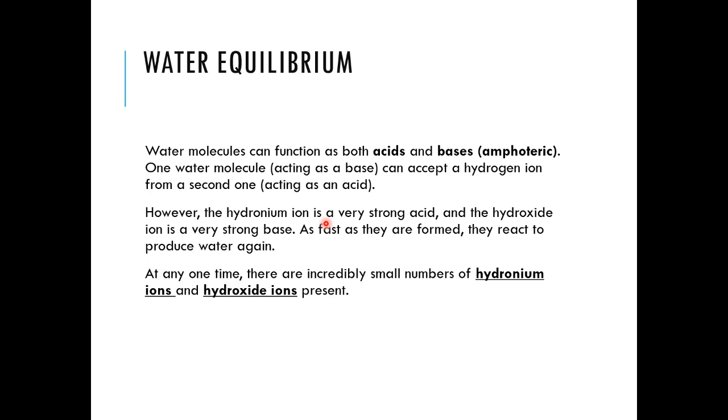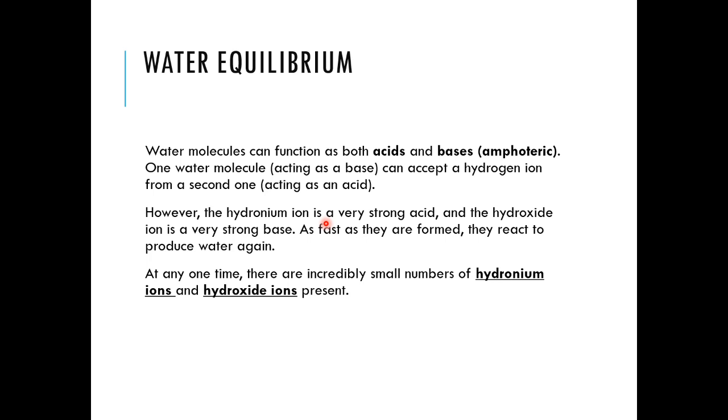So again, we talked about this earlier. Water molecules can function as both an acid and a base, making it amphoteric. What's interesting is that not only can it act as both an acid and a base when it's reacting with things, but it's also acting as an acid and a base constantly.